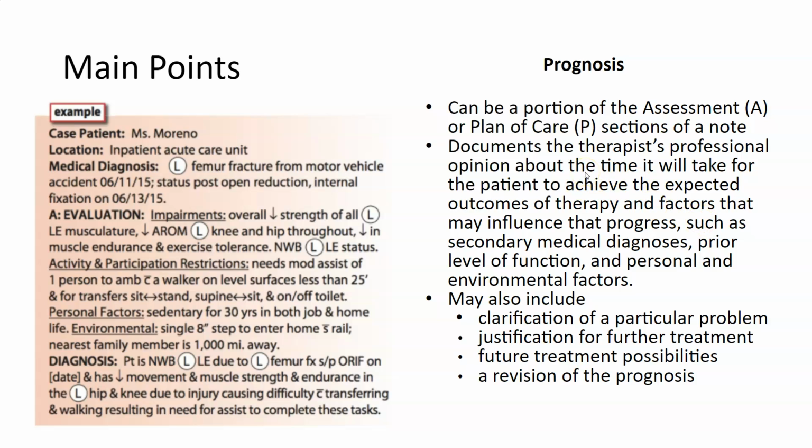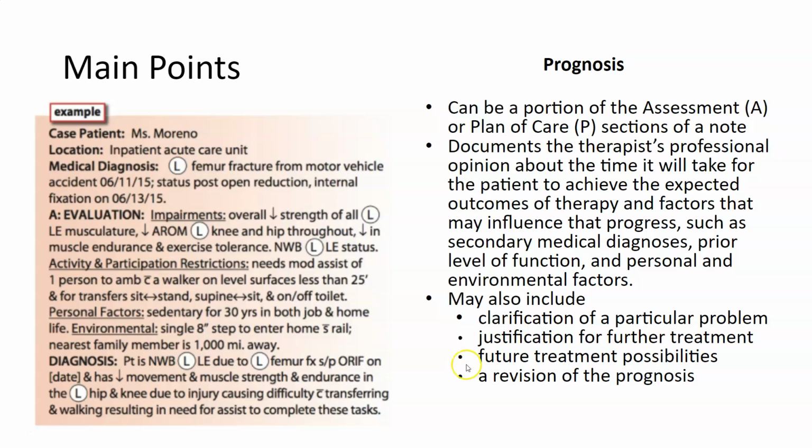It's more of a formatting and preference thing because it is the bridge between the two. So after we get through the diagnosis and all that, we are going to then document our professional opinion about the time it will take for the patient to achieve the expected goals and what our expected return to function might be.